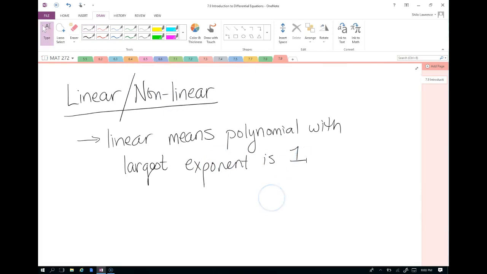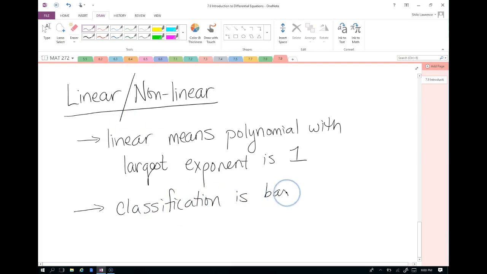But one thing that's going to be very different here with differential equations: in algebra, we decide something is linear based on the independent variable, which is usually x. For differential equations, we decide if it's linear or nonlinear based on the dependent variable. Excuse me, I just said independent.